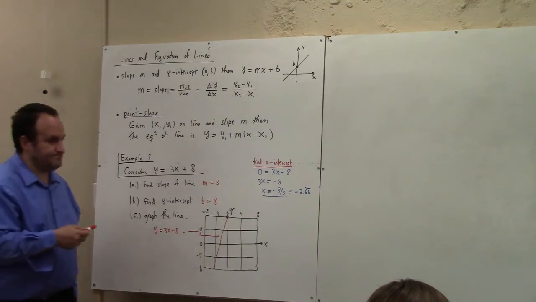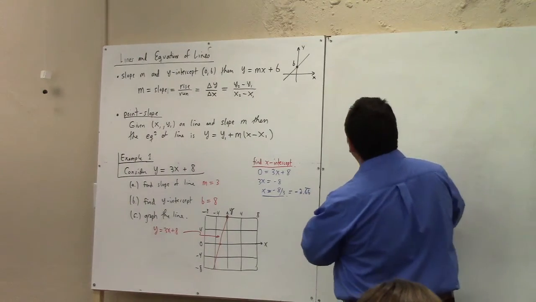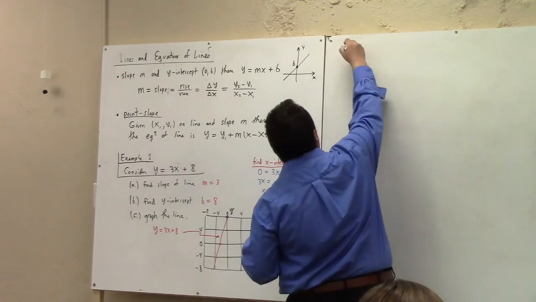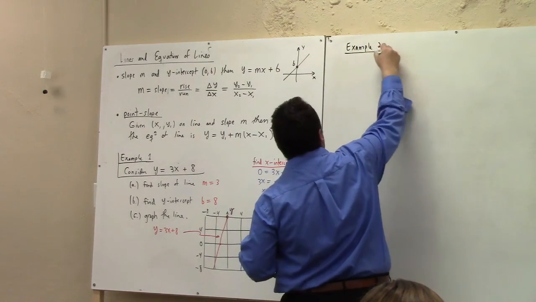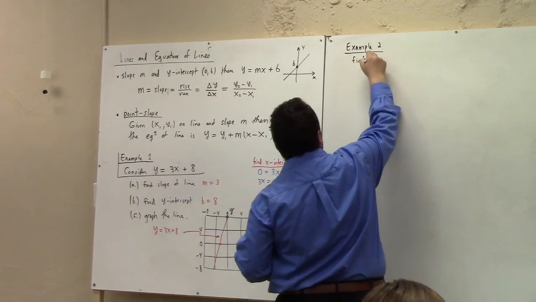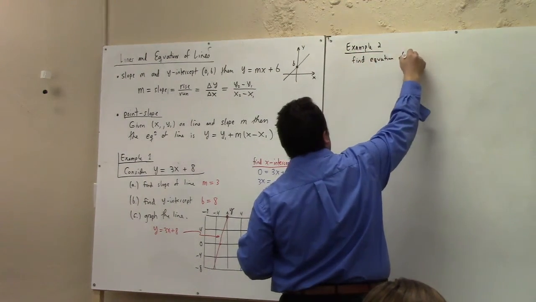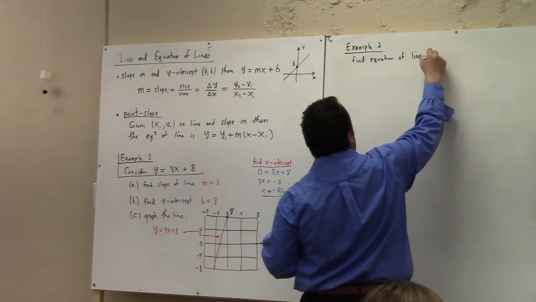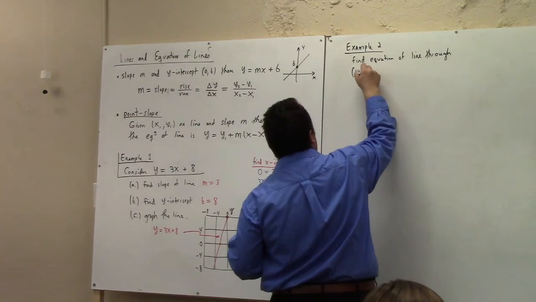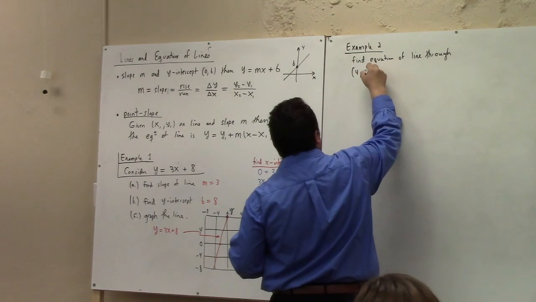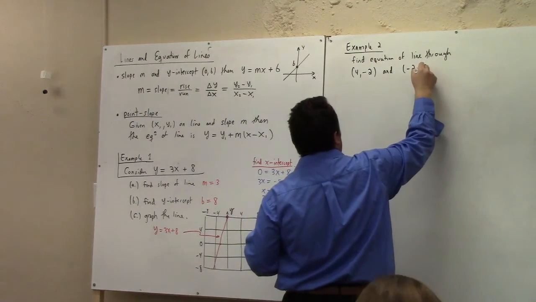Let's see, find the equation of the line through (4, -2) and (-2, 6).